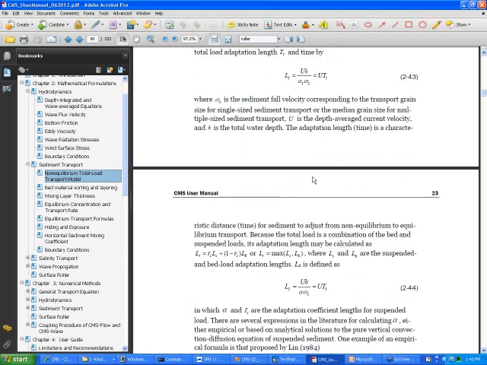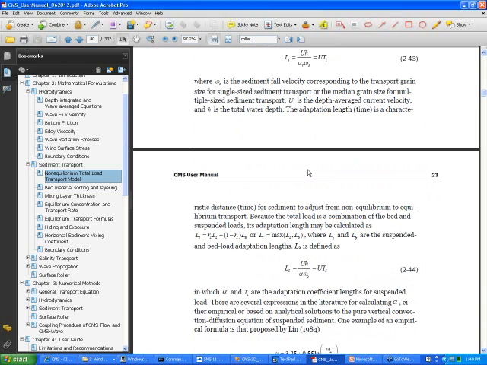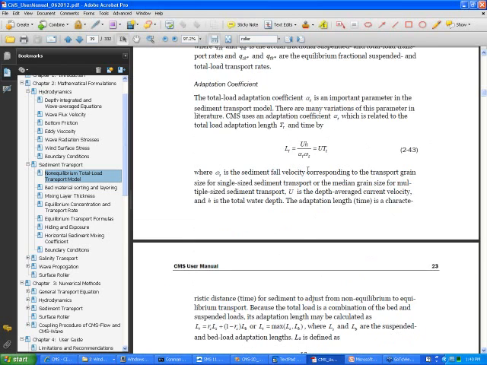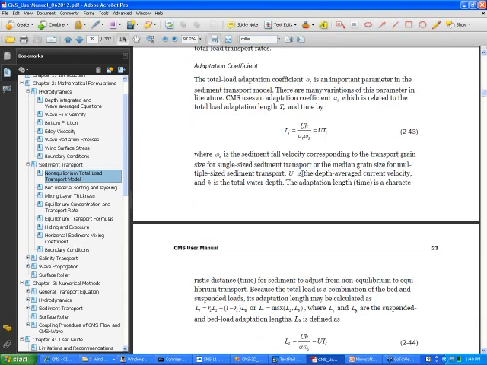Some people have derived analytical expressions for the adaptation coefficient. This section is way too detailed for me to describe during the webinar, but I encourage you to read it. And there are many options in CMS for the adaptation coefficient.